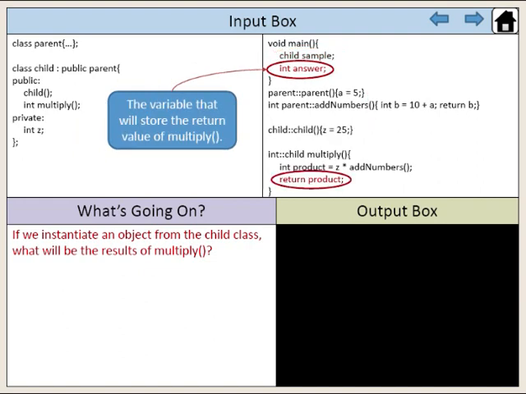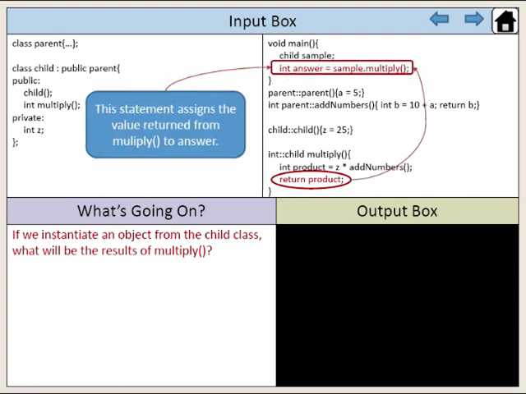We have also declared a variable named answer with an int data type. This is the variable that will store the return value of our class function multiply. This statement assigns the value returned from the class function multiply to the variable answer.